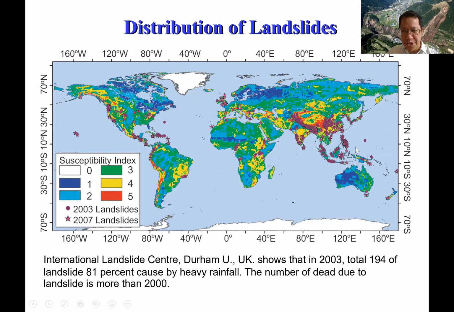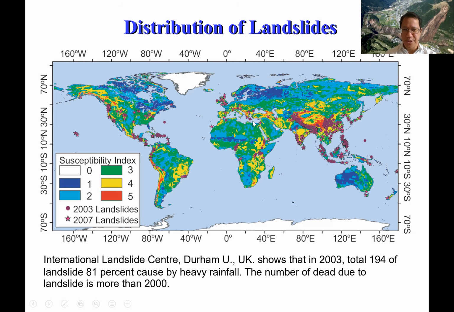You can see the events concentrate in Southeast Asia, the southern part of Japan, and also the middle part of Japan, but very heavy in China and the border between China and Nepal, India, and this area. Landslides also occur in the American continent, North America, Central America, and so on.